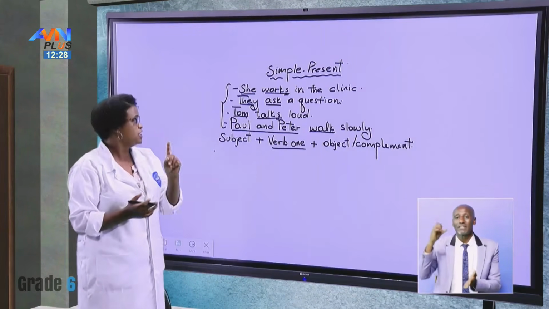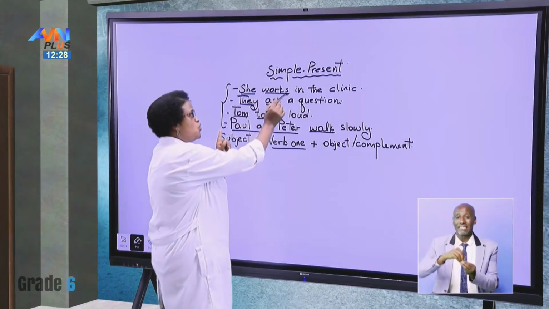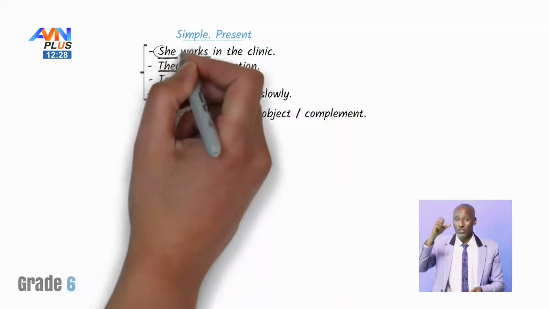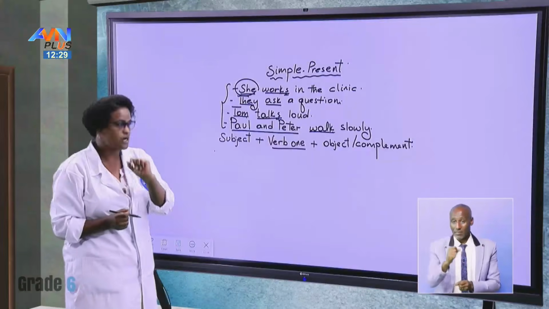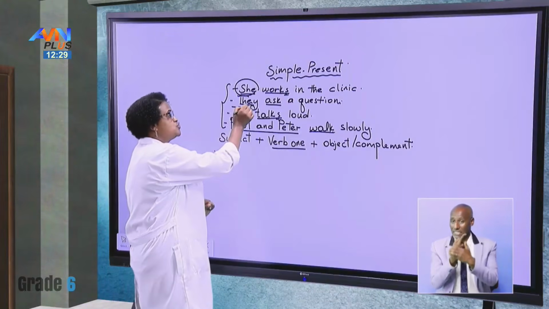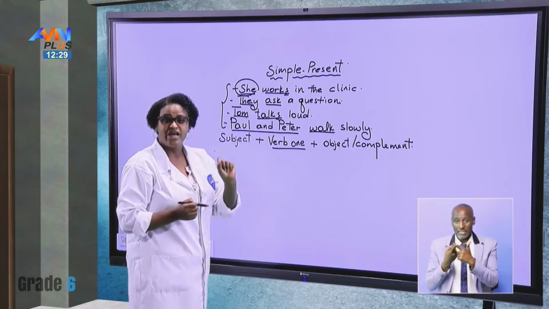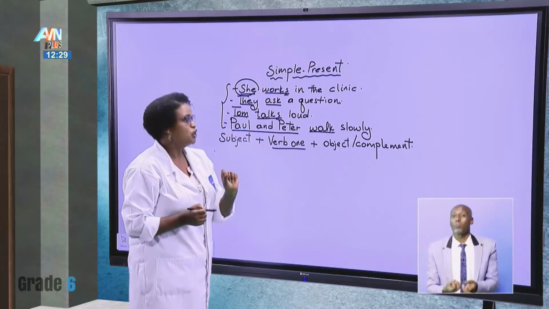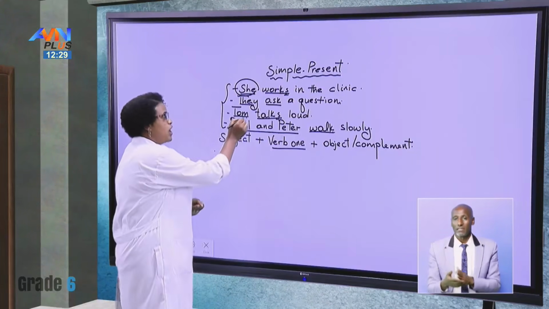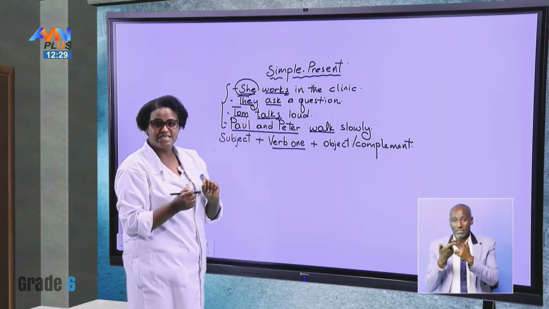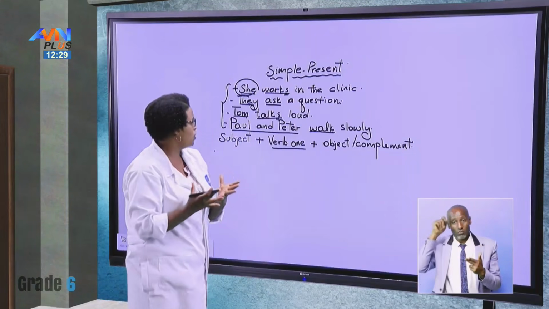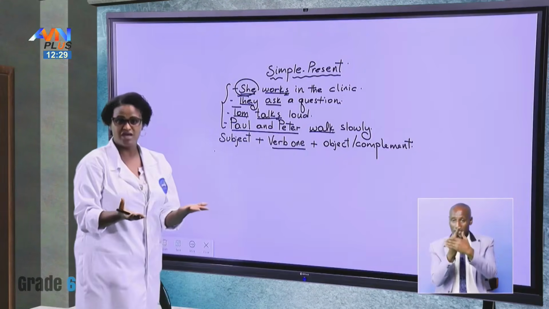Let us notice. Look, the first one. She works. Our subject here is she, which is what? Singular. Very good. But when it comes to the second one, it says they, which is what? Plural. Our subject on the third sentence is what? Tom. Tom is the subject, which means he, right?